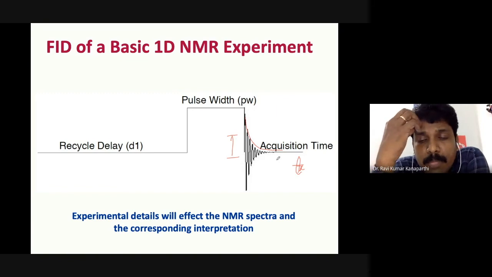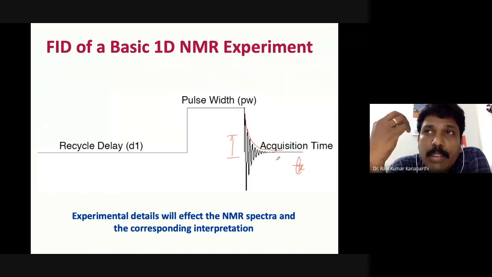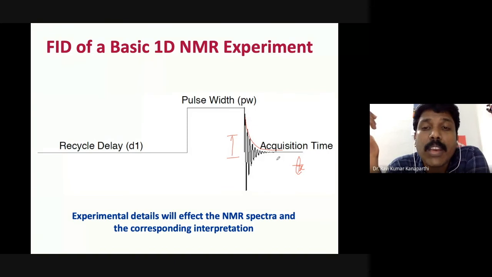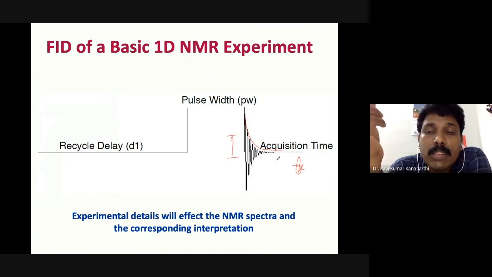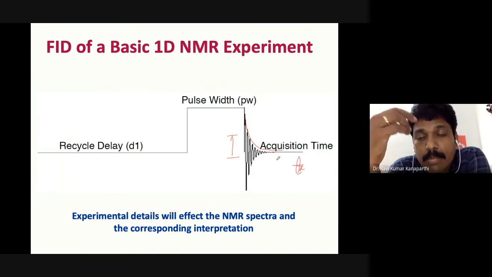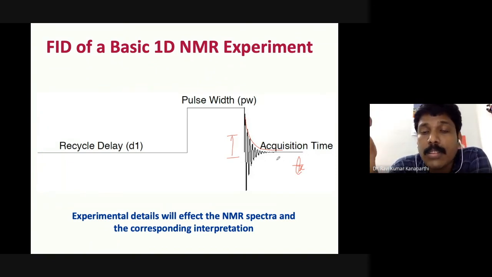Now, in the sample, we don't have one particular nucleus. We have so many nuclei. That is where NMR becomes so beautiful. If you have only one frequency, we will see only one signal. But normally that doesn't happen. In most cases, several thousands of nuclei are present, and that is where NMR becomes so interesting.